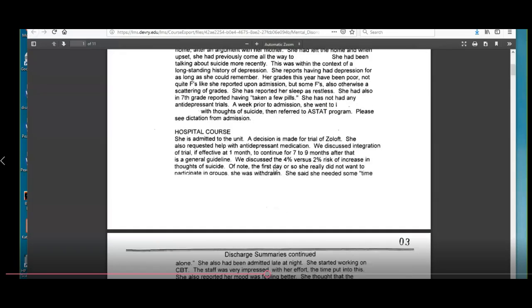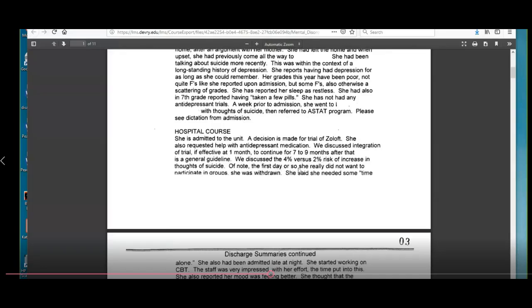So the hospital course is an overview of what was done to her while she was here. She was admitted to the unit. A decision was made to do a trial of Zoloft. She also requested help with antidepressant medication. We discussed integration of trial, if effective, at 1 month to continue for 7 to 9 months after that is a general guideline.